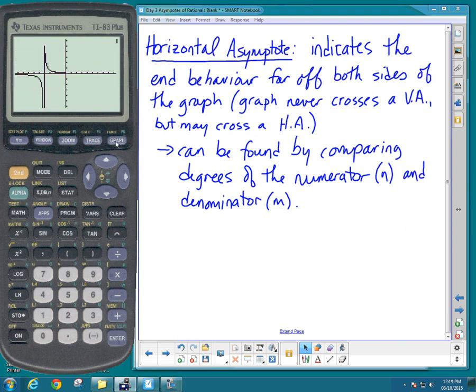So there you'll see what it's trying to show you is the graph comes and it actually goes down at this spot. So it does cross the horizontal asymptote here, but at the ends, at the far extremes, it doesn't. And that's what this horizontal asymptote can do. And I've already given you the hint that you can find where the horizontal asymptote is by comparing the degrees of the numerator, which I'm going to call n, and the denominator, which I'm going to call m.